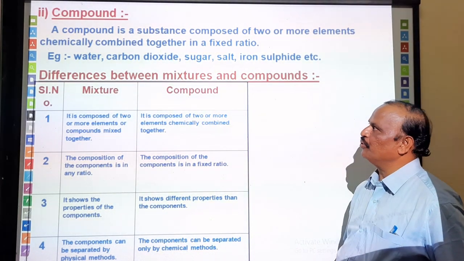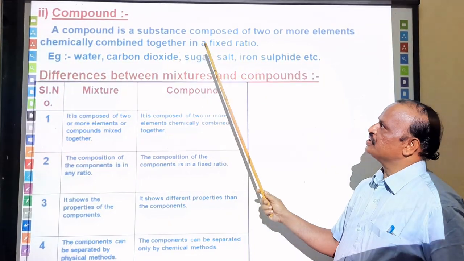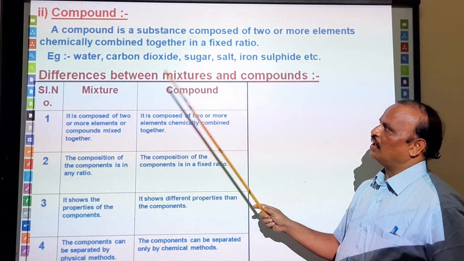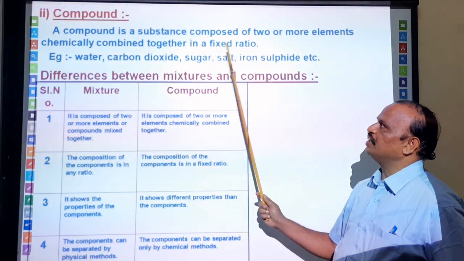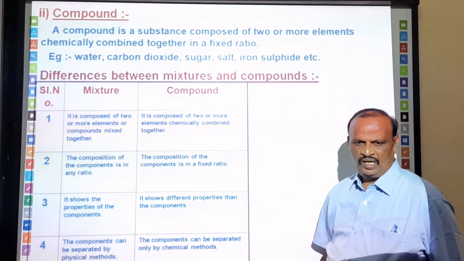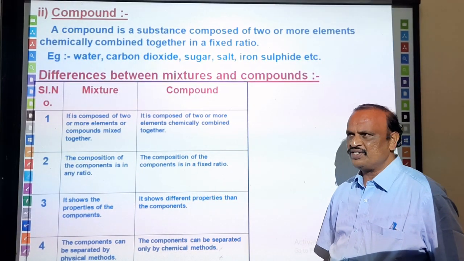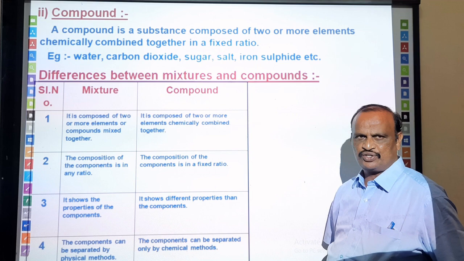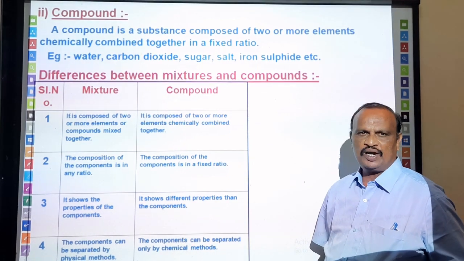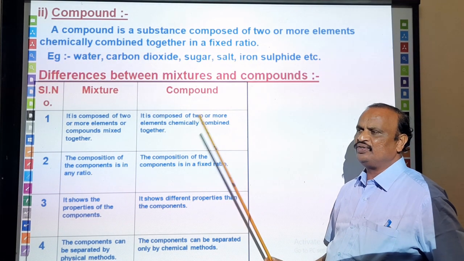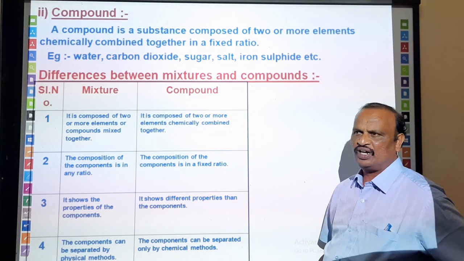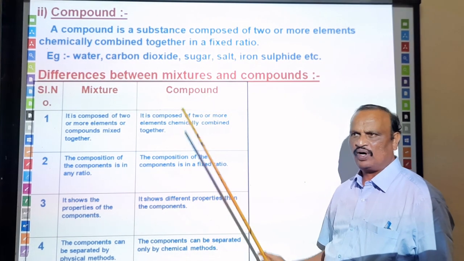Compounds. What are compounds? A compound is a substance composed of two or more elements chemically combined together in a fixed ratio. For example, two hydrogen and one oxygen combine to form a water molecule.